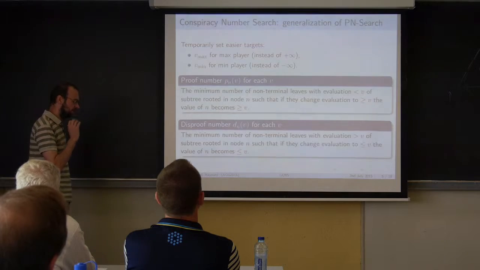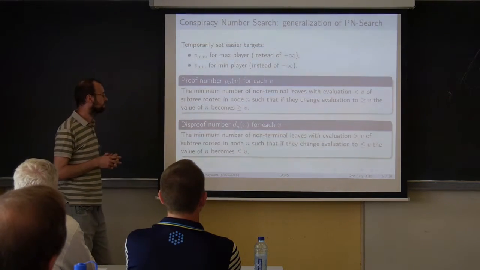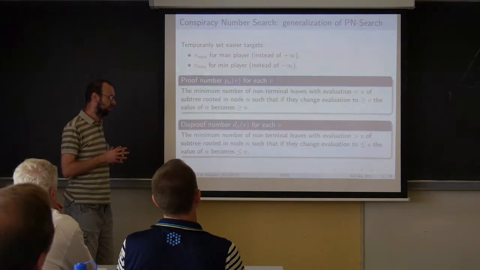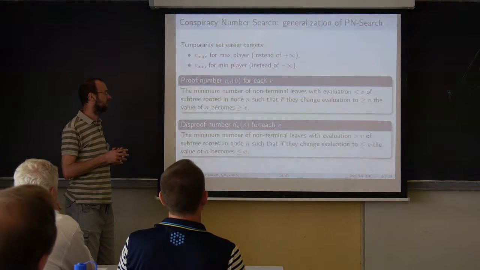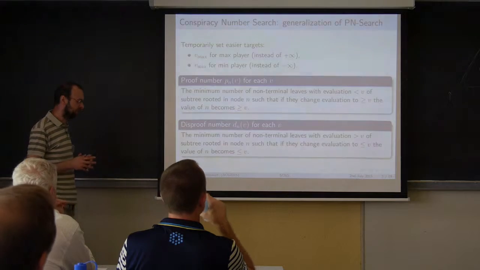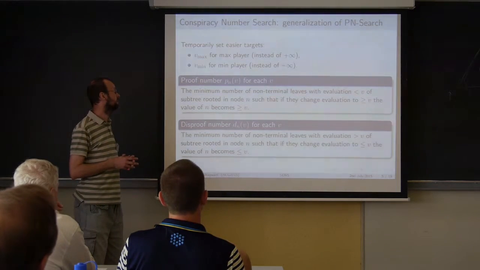And we set this target temporarily for one iteration. So we change what min and max win for one iteration. This is the idea of how to generalize proof number search, and we arrive at conspiracy number search.